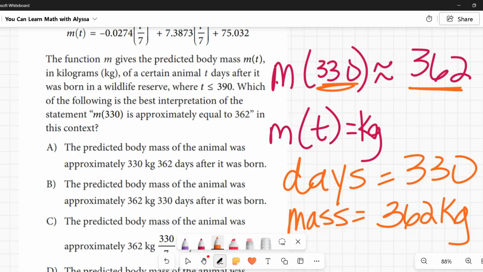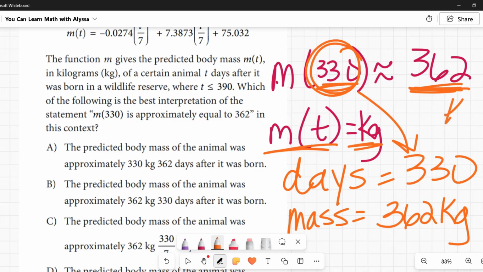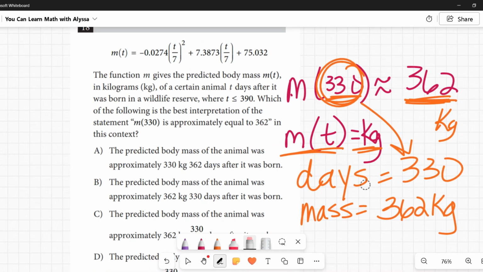That's all it means. M of t, t is the number of days, m of 330, so 330 is my number of days, is approximately equal to 362. When I do the math, m of t, I get kilograms. 362 is my kilograms. So it means that after 330 days, this animal is approximately 362 kilograms.